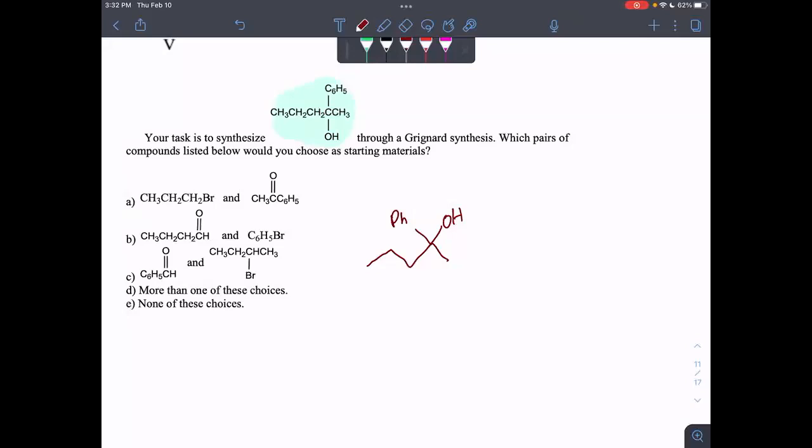So we start with this. We'll use this. It's going to come inside this.